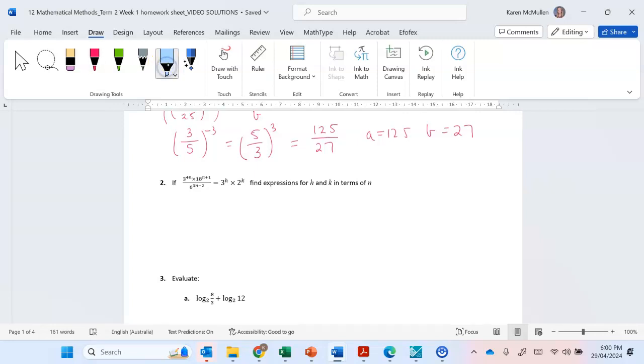Now with this question, this 3 times 2 is a little hint about what we might need to do to simplify the left-hand side. I'm going to leave the 3 there, so to the power of 4n.